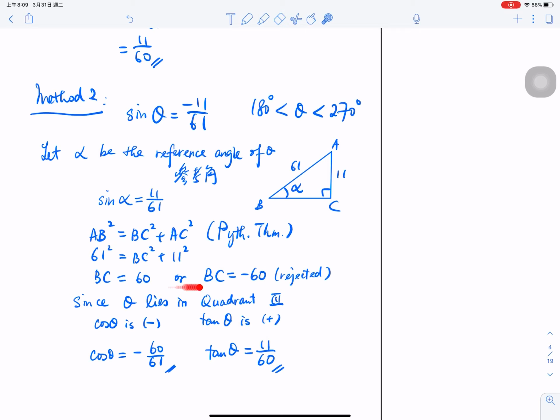Using the Pythagoras theorem to find the length of BC, keep this one as positive. And determine by yourself that theta lies in quadrant 3, so cosine is negative and tangent is positive. So write down the correct answer. Cosine theta equals 60 over 61, but in quadrant 3, so it's negative 60 over 61. And tangent theta, 11 over 60. Okay?